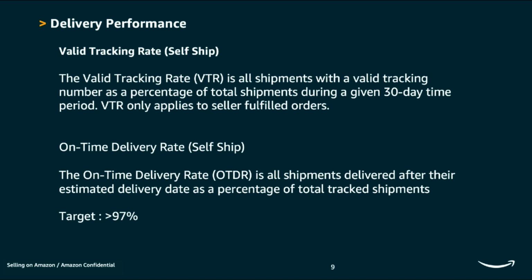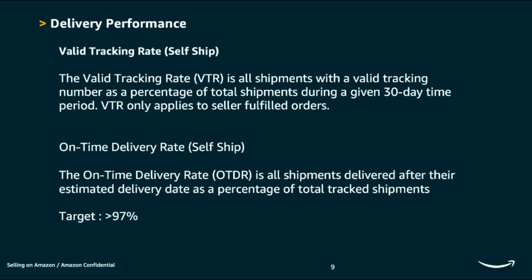So the last one is on-time delivery rate. On-time delivery rate, or OTDR, is applicable only for self-ship orders, and this is all shipments delivered after their estimated delivery date as a percentage of the total tracked shipments.